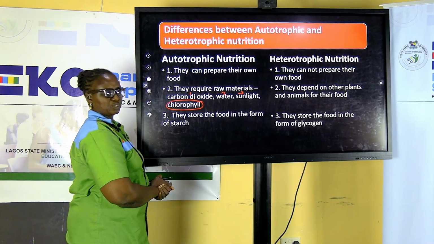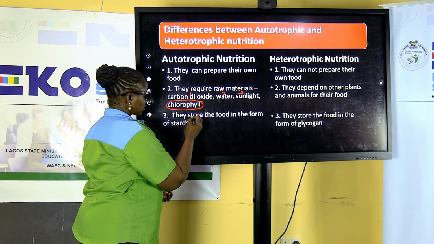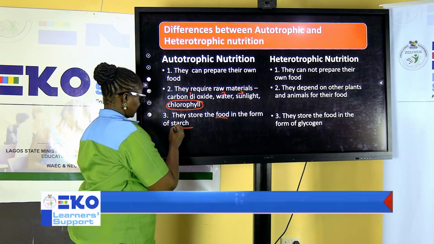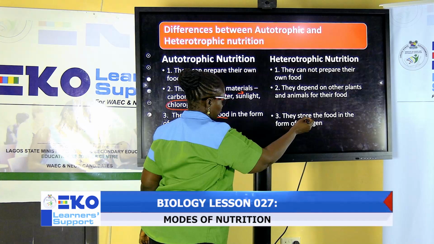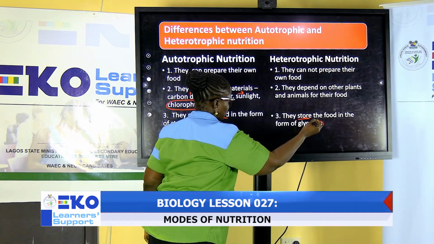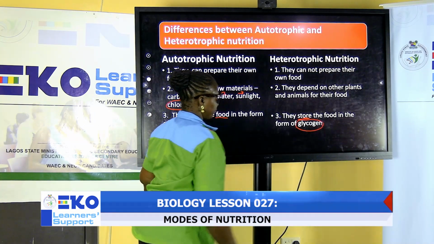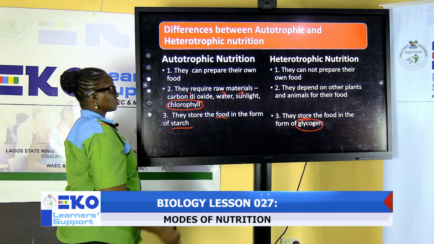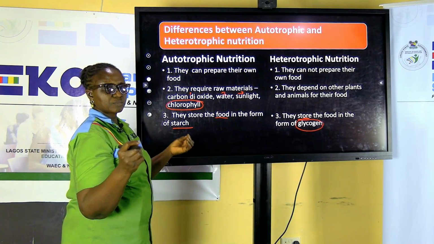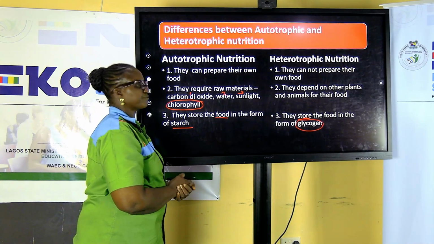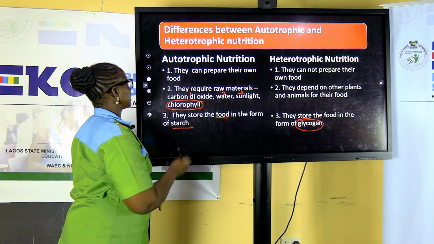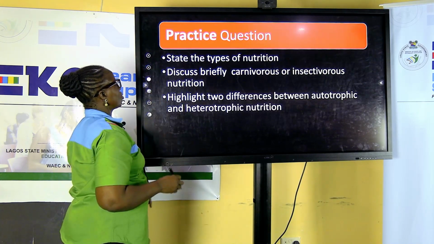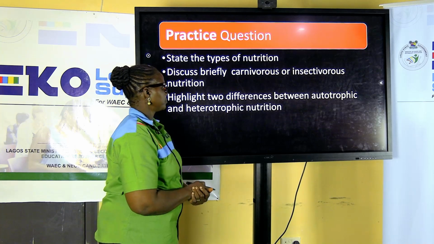In autotrophic nutrition, they store their food in the form of starch, whereas in heterotrophic nutrition, their food is stored in the form of glycogen. So these are some serious differences that exist between autotrophic and heterotrophic modes of nutrition.